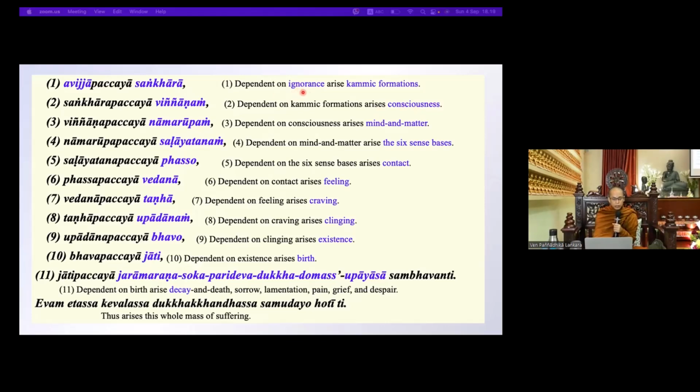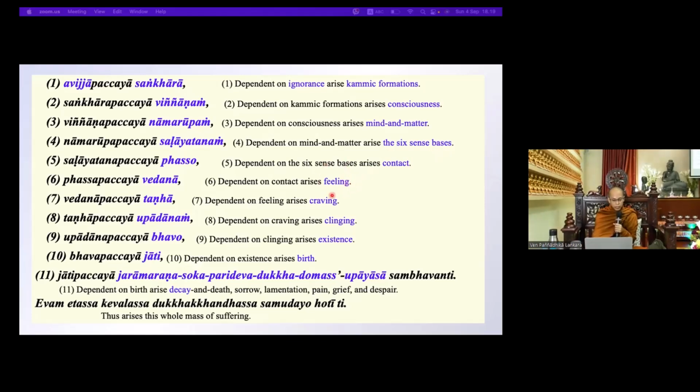So ignorance gives rise to karmic formation. Karmic formation gives rise to consciousness, which is called vinnana. Vinnana gives rise to mind and matter, nama rupa, and nama rupa gives rise to the six bases, which is called salayatana. The six ayatana, the six bases, give rise to contact, which is called phassa. Due to phassa, vedana arises. Vedana is feeling.